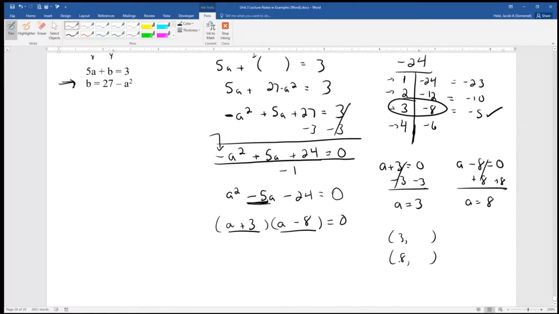So I need to plug both of these a's back into this equation. So b equals 27 minus 3 squared. I'm plugging my first one, my first a, 3, into this equation. 27 minus 9, which is 18.